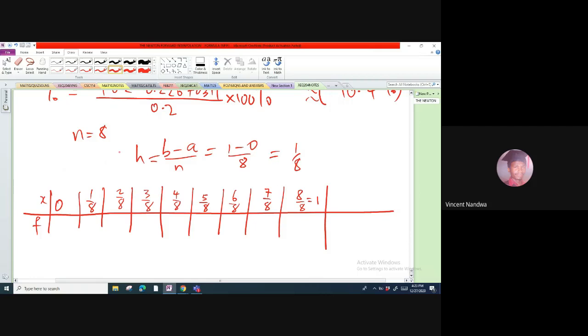So 0 is 0. 1 over 8 gives 1 over 4096. And then 2 over 8, 1 over 256. And then next is 81 over 4096. Please confirm these values.